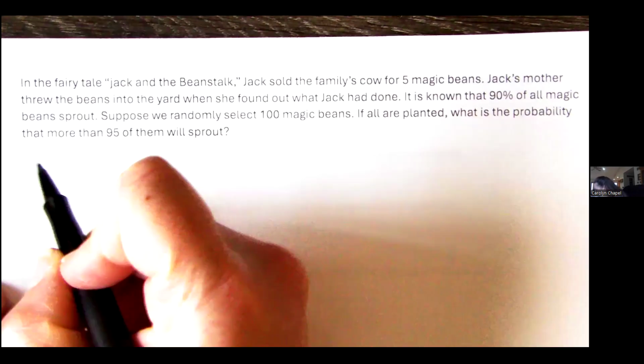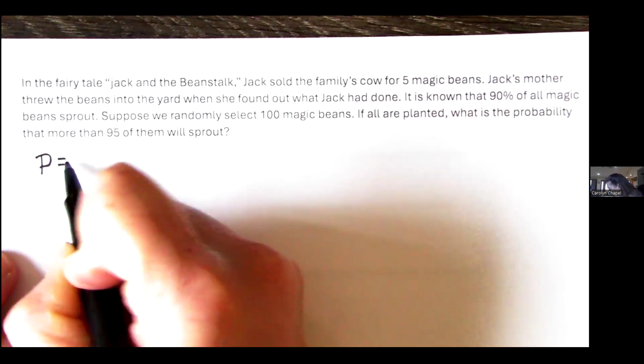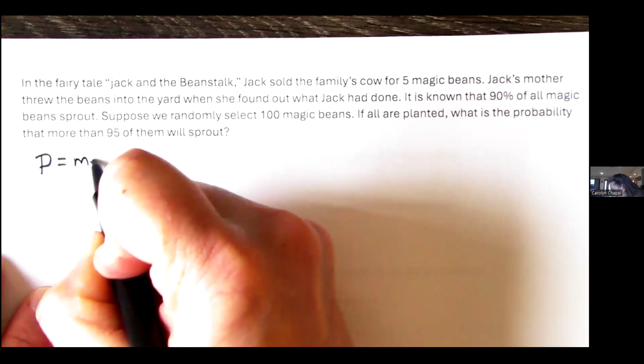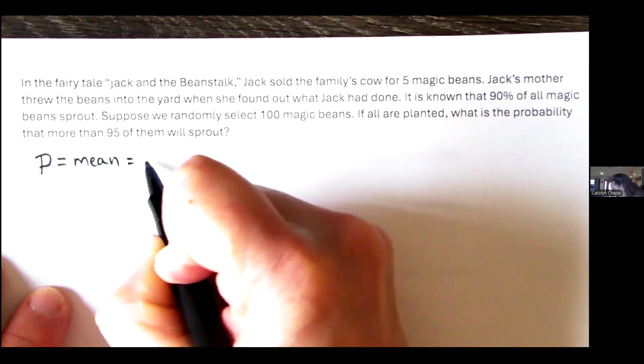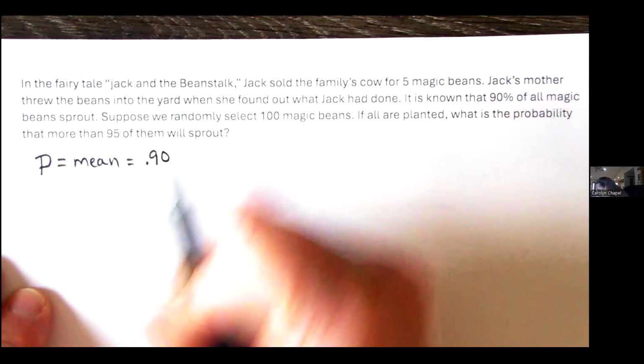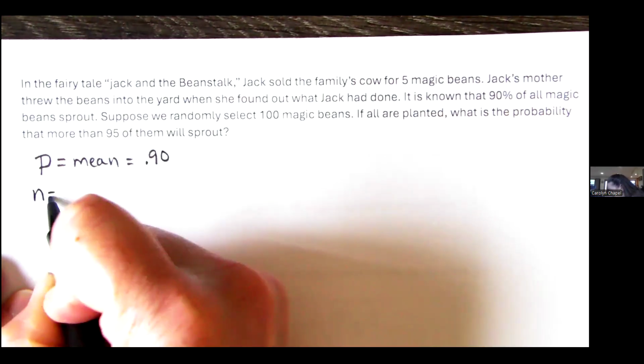We know that the probability is 90%, so our mean is at 0.9, 90%. Our n is the 100.